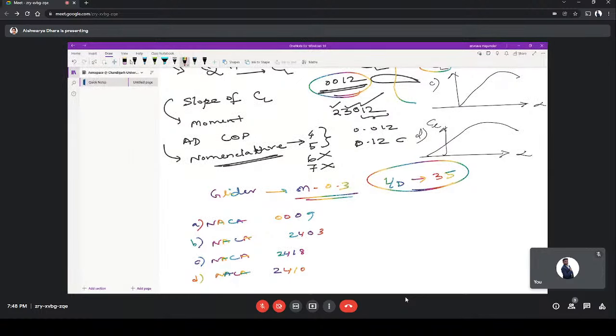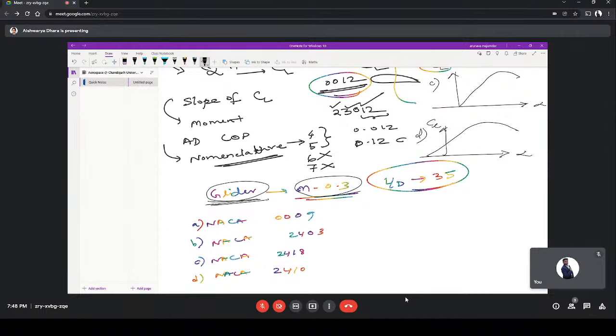Okay, let me clarify this. As it is a glider, right? And the glider means what? What is the purpose of it? It will float in the air for quite a long time, right? And the Mach number is very low.